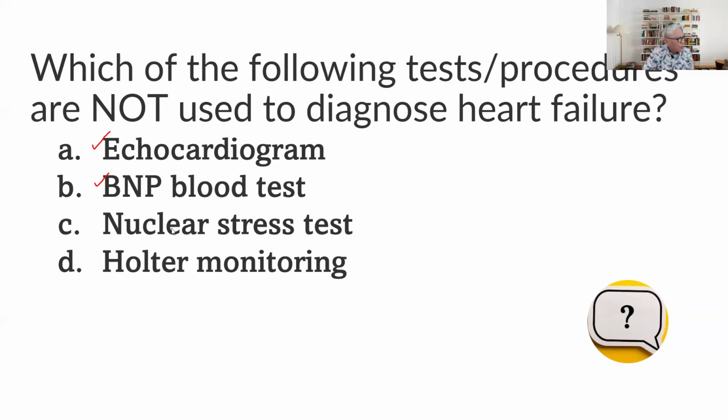Nuclear stress test could determine whether or not there is an abnormality in the heart, for example, myocardial infarction or ischemia, which could be the causative factors for heart failure. And letter D, Holter monitoring, is a procedure that is going to detect the presence of arrhythmias.